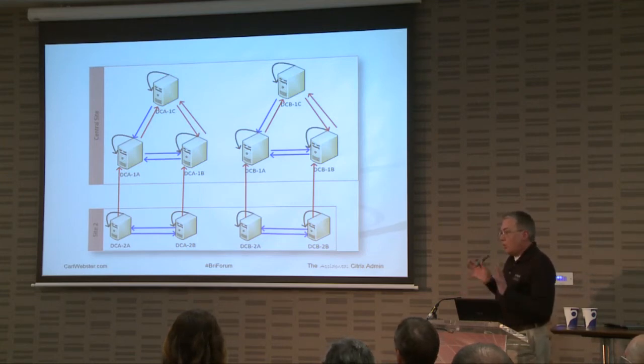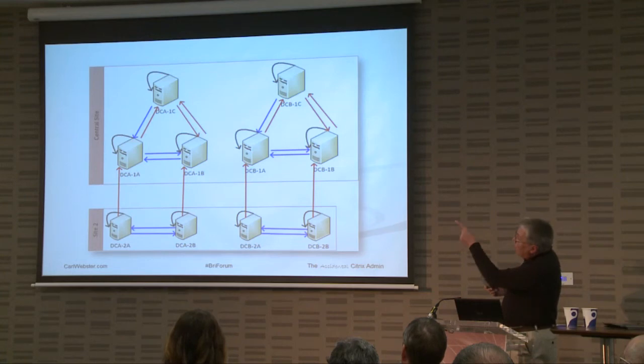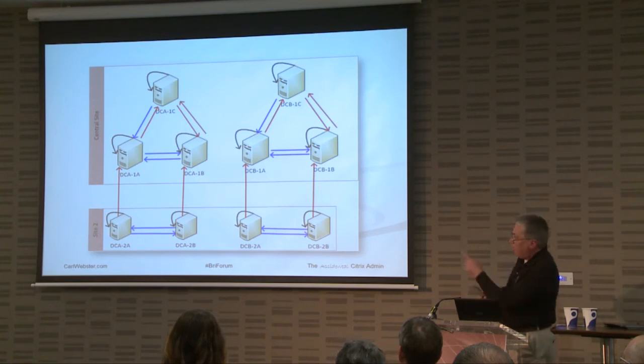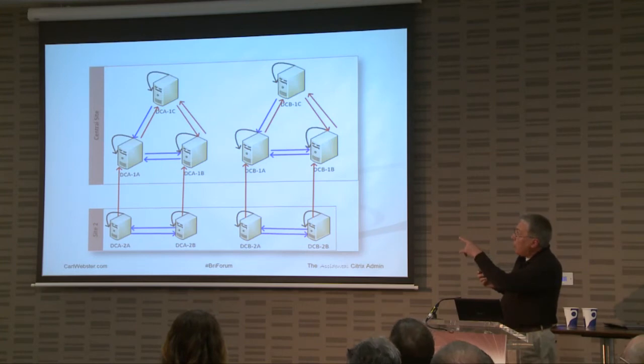They all use the default time hierarchy, which means in domain A that 1B and 1C will go to 1A for time. 2A and 2B, because they're in a different site, use a different calculation. And there's actually calculations in one of the references.